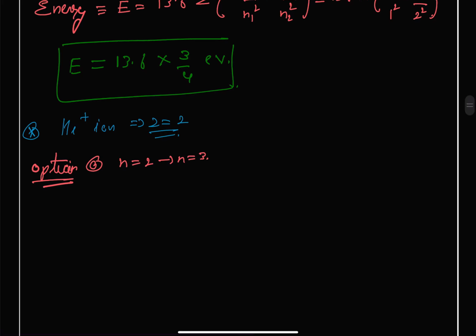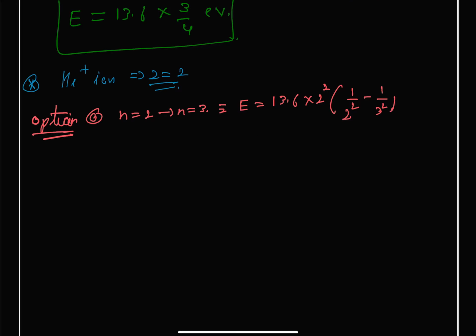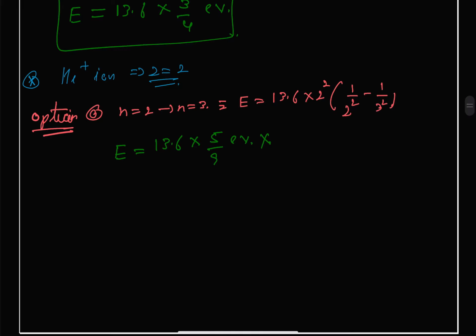Therefore, based on this, the energy will be equal to 13.6 into 2 square, times 1 upon 2 square minus 1 upon 3 square, and we get the energy equal to 13.6 multiplied by 5/9 electron volt. So obviously these two do not match.